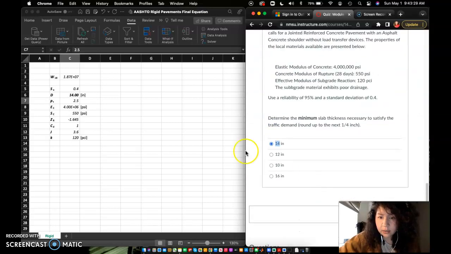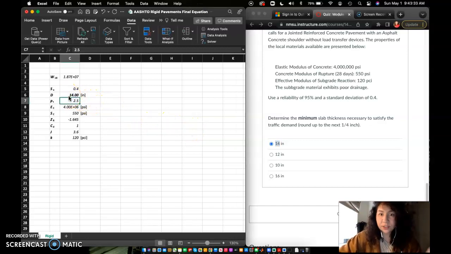That way we get 1.87 times 10 to the 7, which is 18,700,000 for my ESAL. So I'm just going to double check my numbers to make sure that's the correct answer.